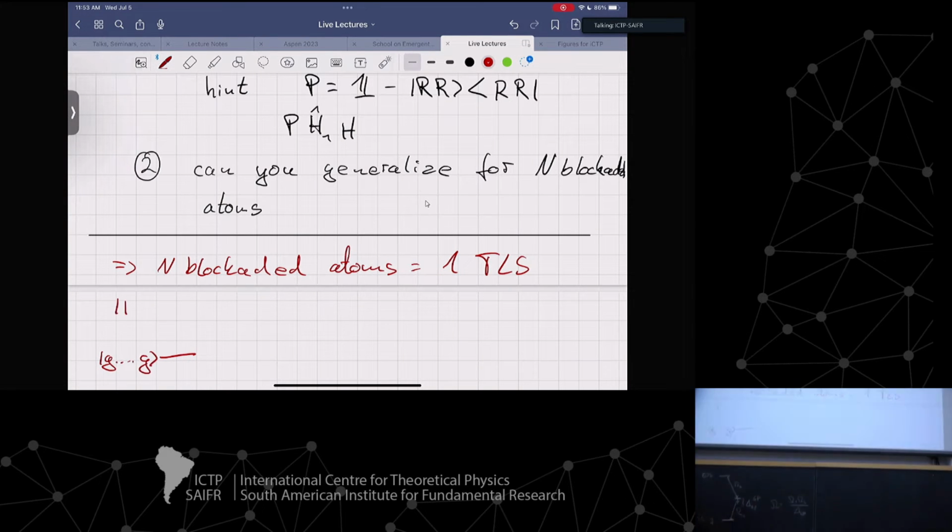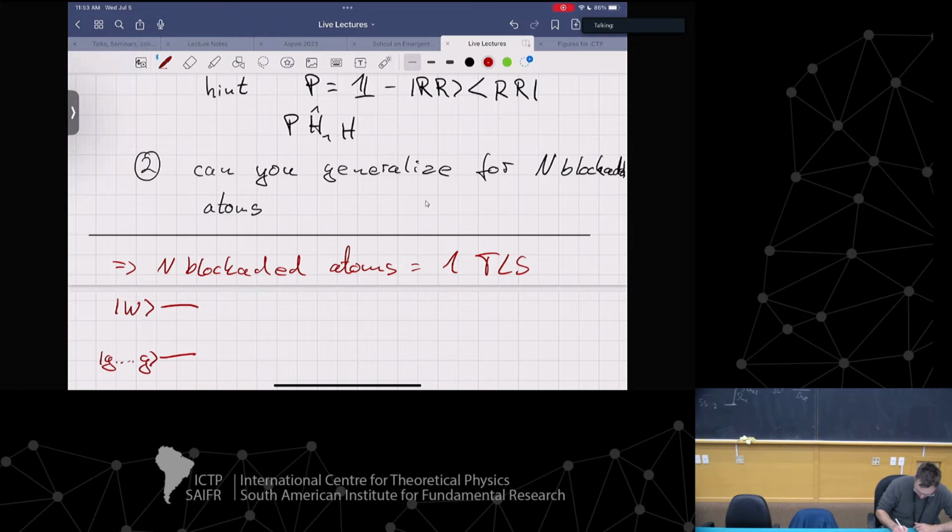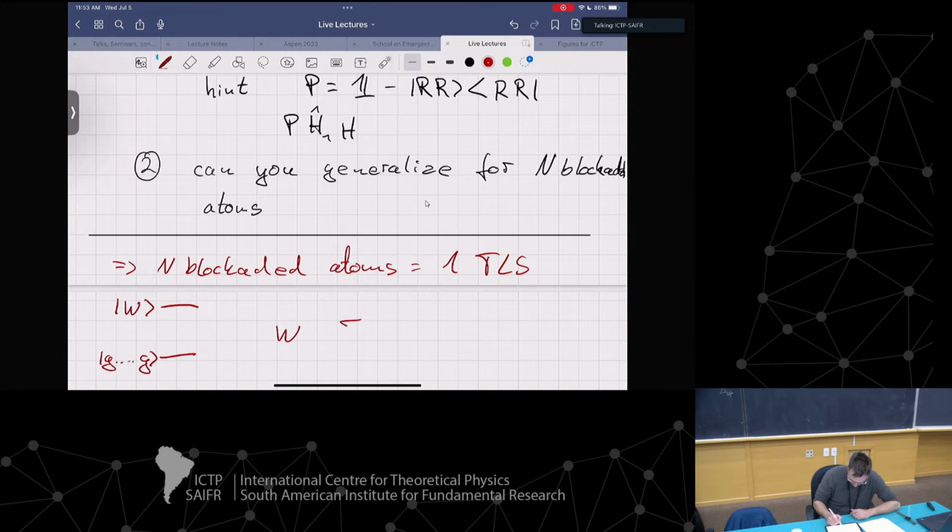And here you have the W state, and the W state is just basically the symmetric superposition of this Rydberg atom shared between the atoms. Of course, you have to normalize it. And then what you will find is that this omega now becomes square root n omega. So you're driving this 2-level system, enhanced with square root the number of atoms, between the ground and the Rydberg state.